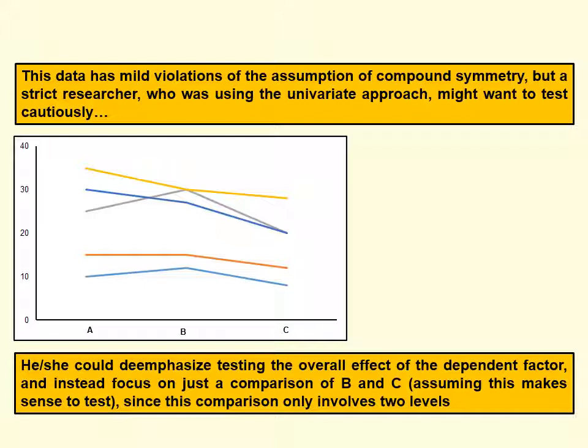It would kind of simplify the picture, and assuming that there's a meaningful question that can be answered by comparing condition B and condition C, that might make sense and might get the researcher out of his or her problem with mildly violated compound symmetry.